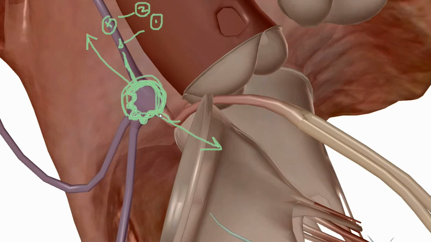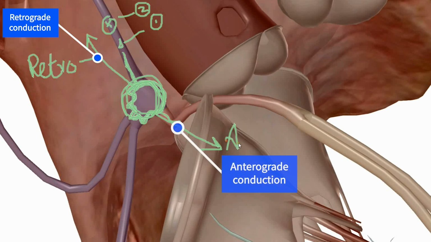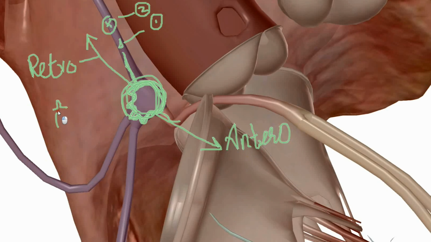So what happens is at the same time you have a retrograde conduction, so I'll just write it as retro, and also you have an anterograde conduction. So you're having P wave and QRS happening at the same time. They get superimposed and effectively you'll be getting a narrow QRS complex like this.